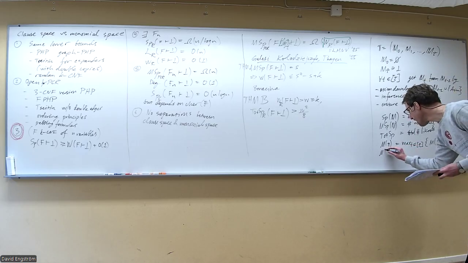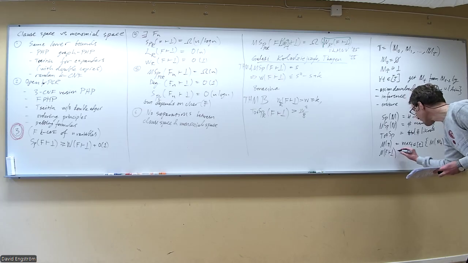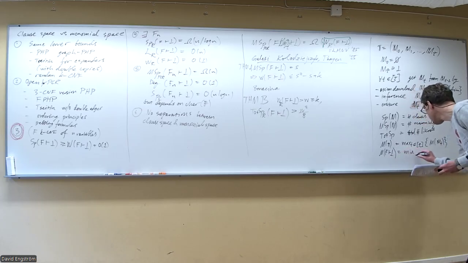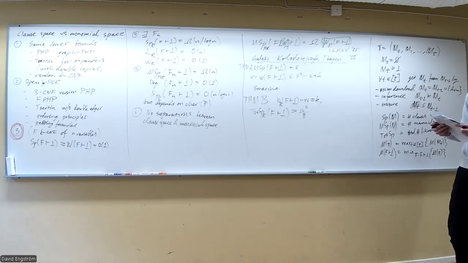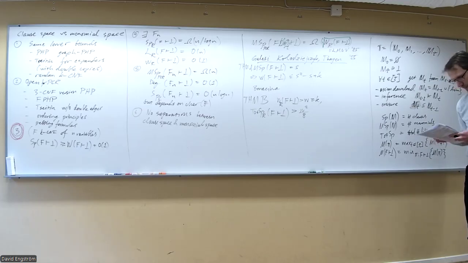And I can also define the space measure of refuting, say, a formula F, and that would be the min over all refutations of F of this measure, right? Okay.